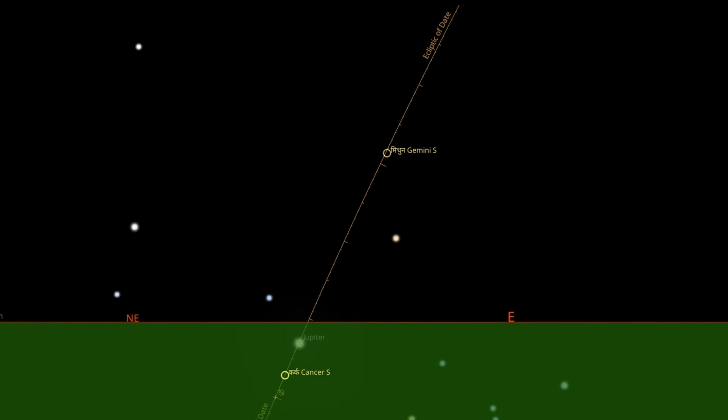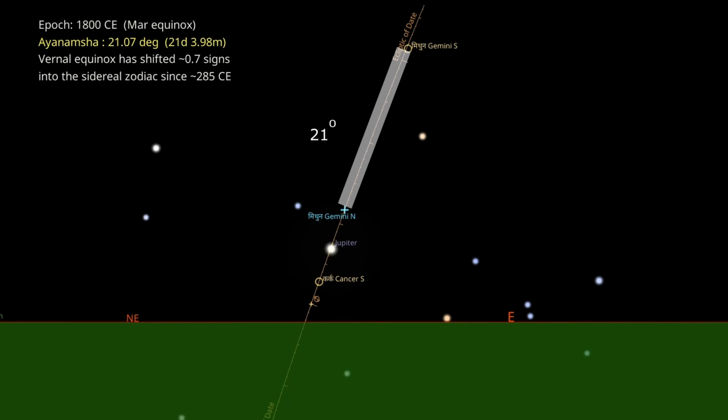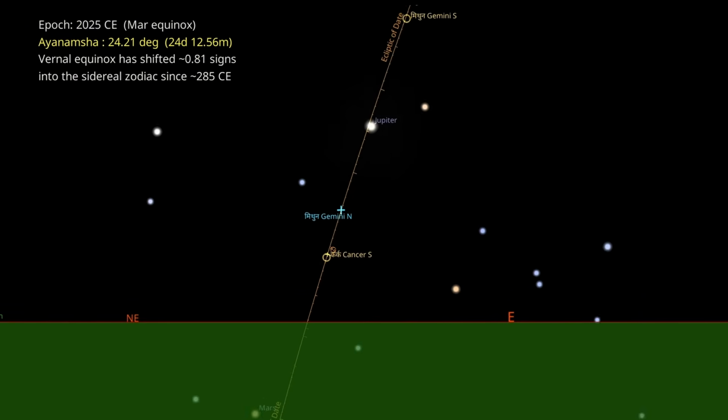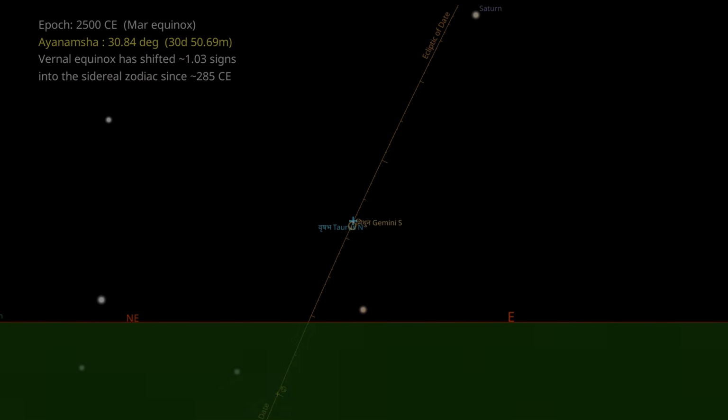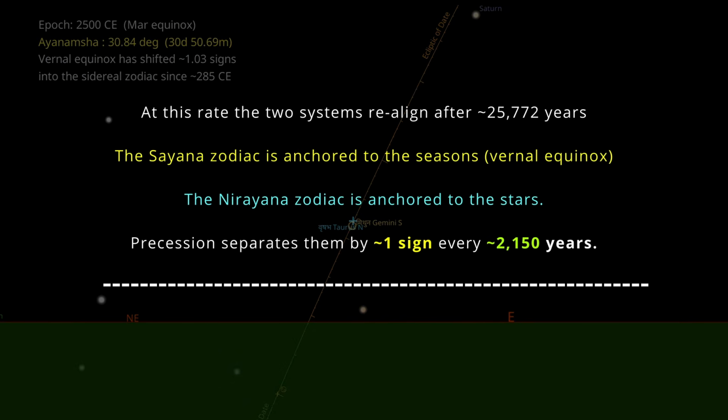In 1800, this difference was 21 degrees, and now it is 24 degrees. In year 2500, it will be 30 degrees. One full sign has moved due to the precession.